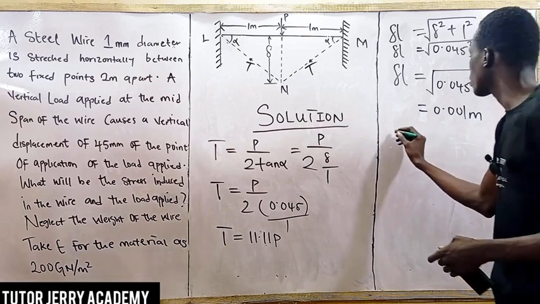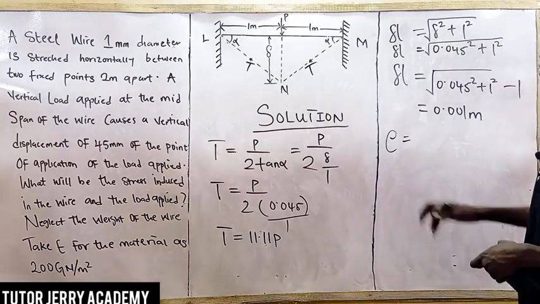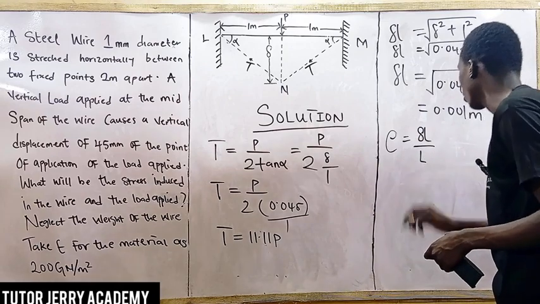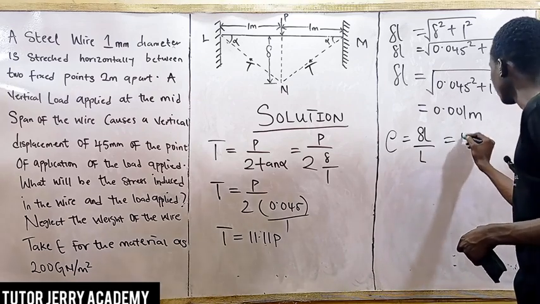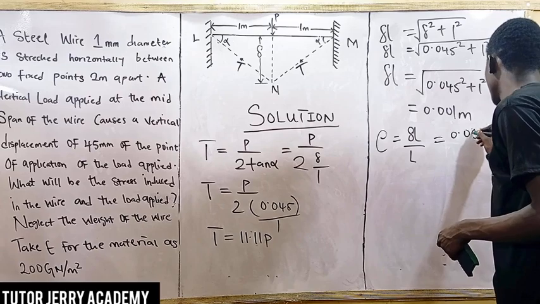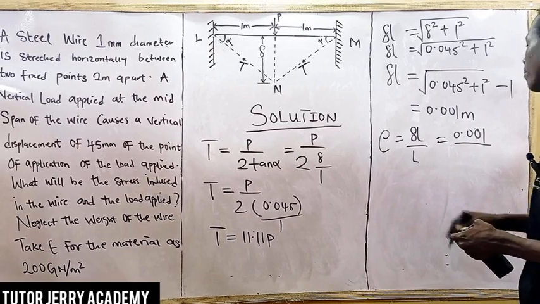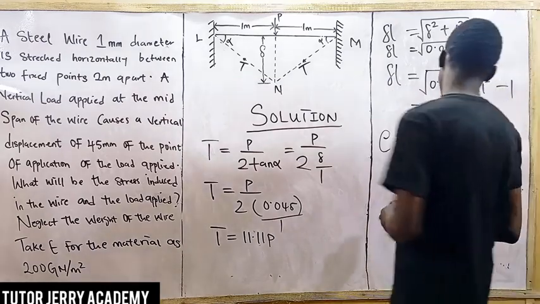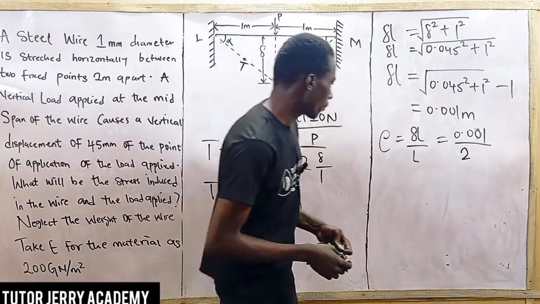Next, we are going to be looking for strain, which is E. We know that strain is our change in length all over our original length. We have 0.001 as our change in length all over our original length.